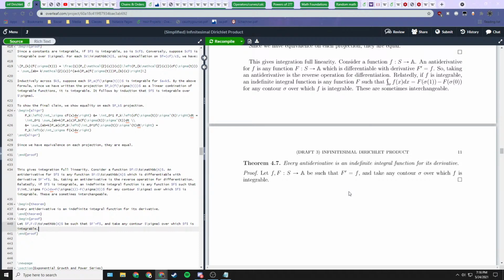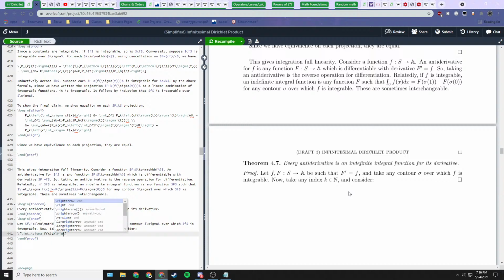Okay, so we have the integral over sigma of f(x) dx.